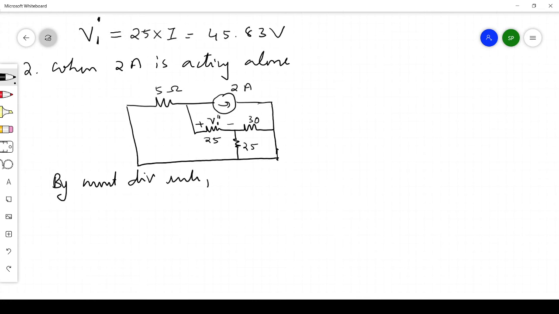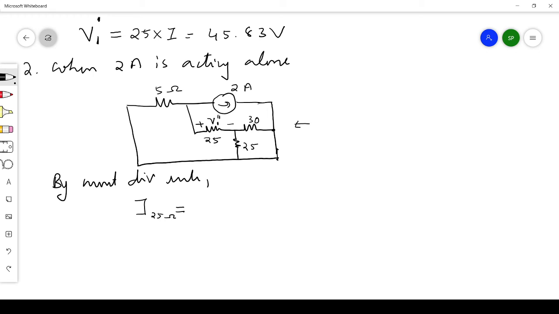current through this 25 ohm is equal to the total current, what is that? This 2 ampere. In this diagram, this 2 ampere is coming here. You can see it is going in this branch 30 ohm and then 25 ohm.